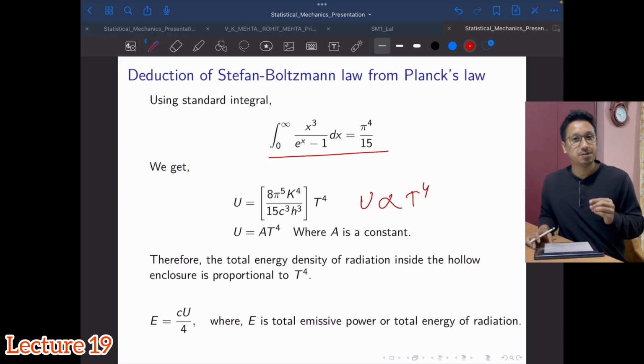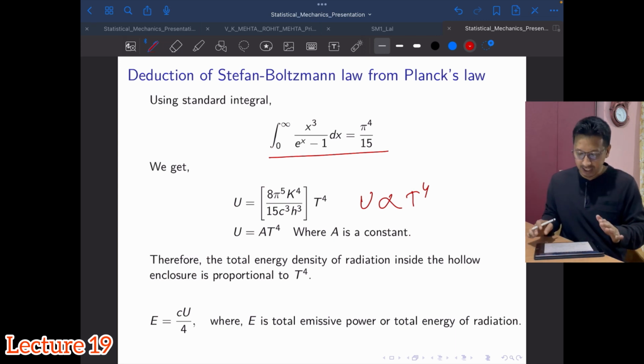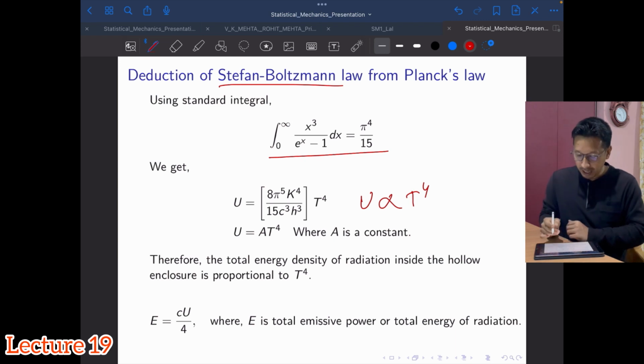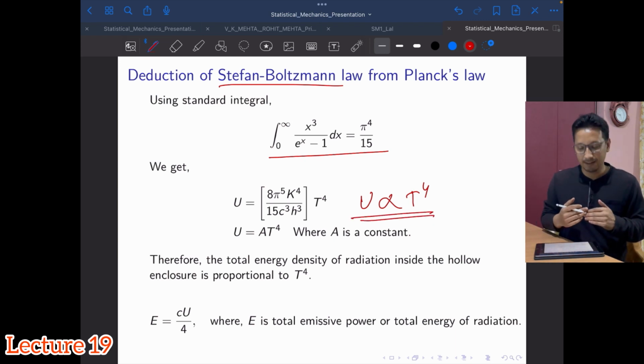But Stefan's law deals with what? The energy radiated by the black body per unit area per second, which is proportional to the fourth power of the temperature. While deriving Stefan's law using thermodynamics, there also we arrived at this expression. But then U is what?